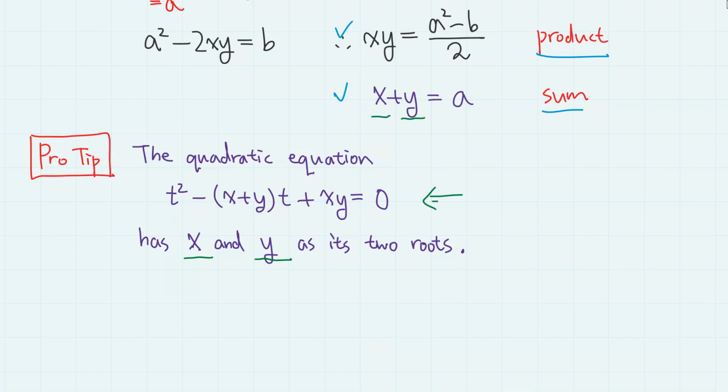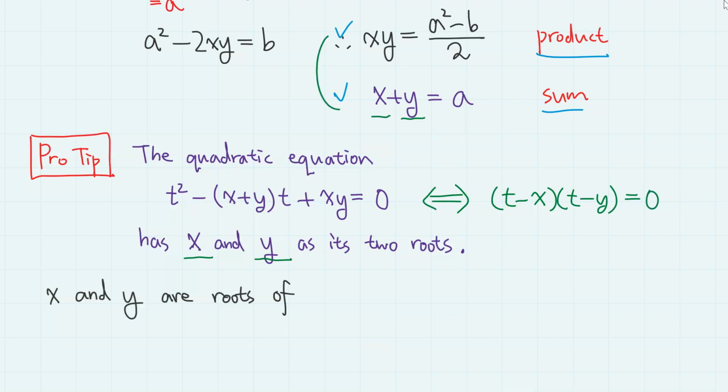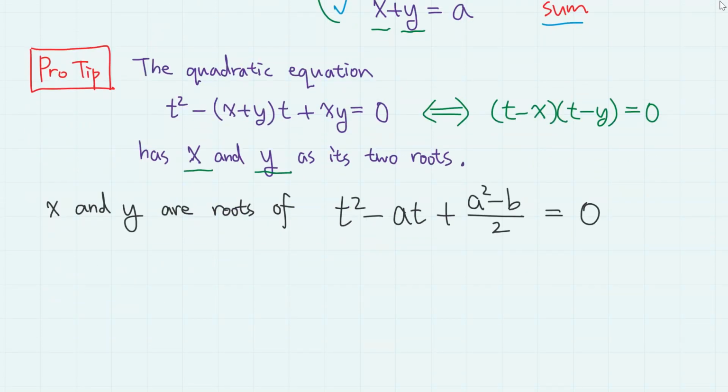This is because this equation is equivalent to (t minus x) times (t minus y) equals 0. So for our case, x and y are roots of the quadratic equation t squared minus the sum a times t plus the product (a squared minus b) over 2 equals 0. So if we multiply by 2, we obtain 2t squared minus 2at plus a squared minus b equals 0.